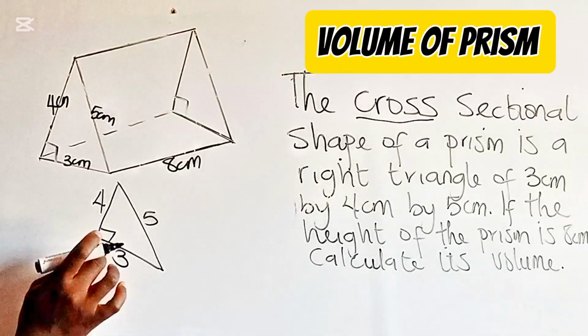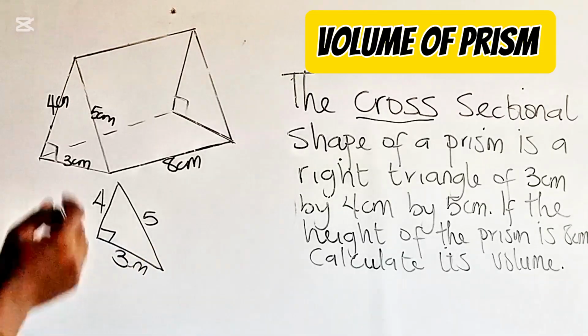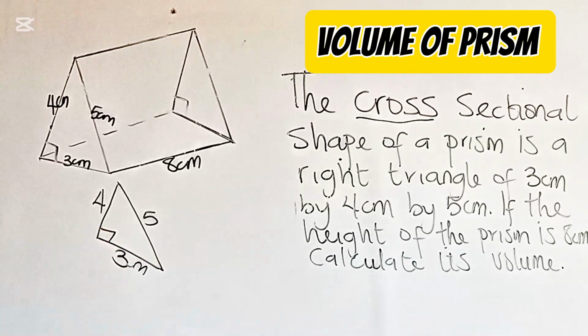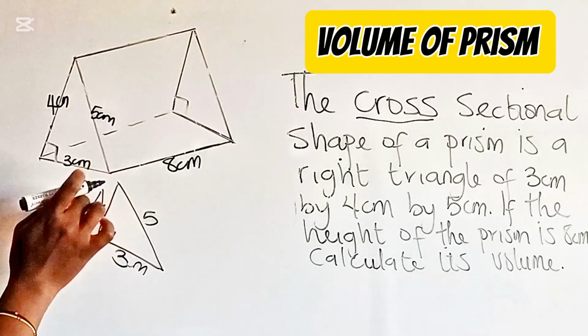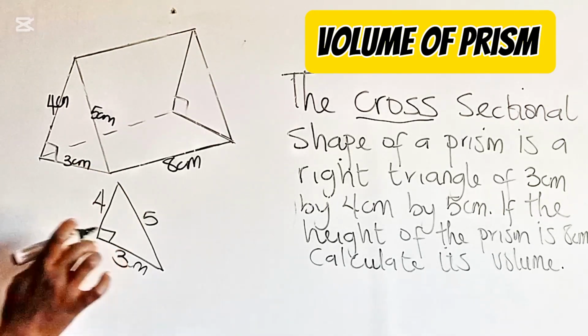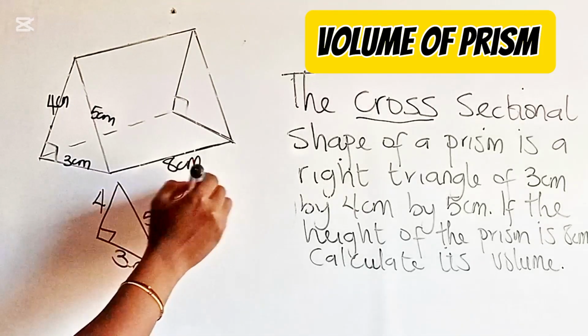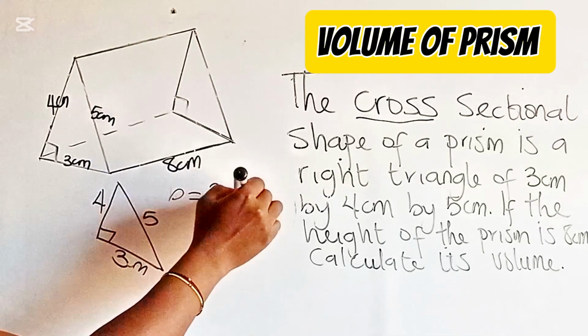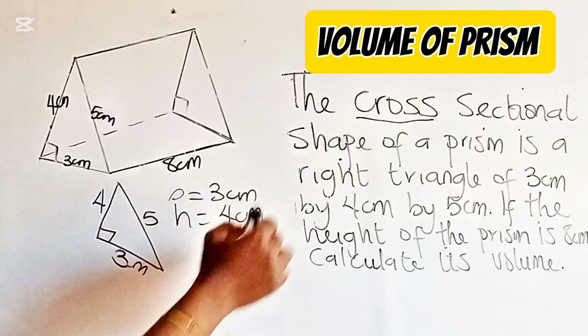The base of this triangle is going to be this 3 centimeter, and the height is no other side than this 4 centimeter. Why? Because this is the length that is perpendicular to the base. So from this triangle, the base is equal to 3 centimeter and the height is 4 centimeter.